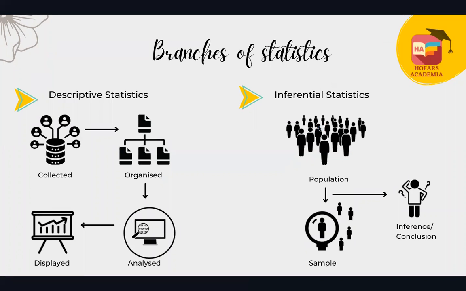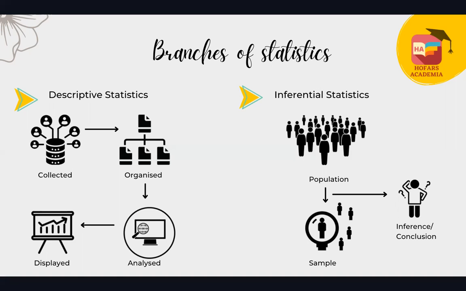Now, branches of statistics. There are two branches of statistics. One is descriptive, the other is inferential. All these things are very basic, but they are very important for problems that we will face in future. Descriptive statistics is that branch of statistics that involves organizing, displaying, and describing data.